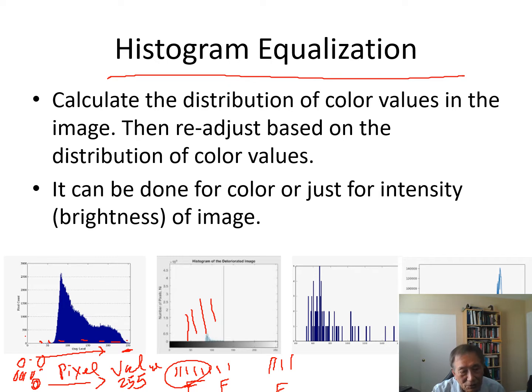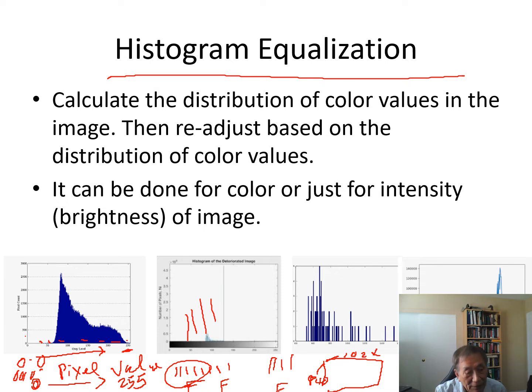Suppose you have a picture of typically 1024 by about 840, something like that. Then this is close to 1 million pixels, or 1 megapixel. So the total number of pixels will be about 1 million.